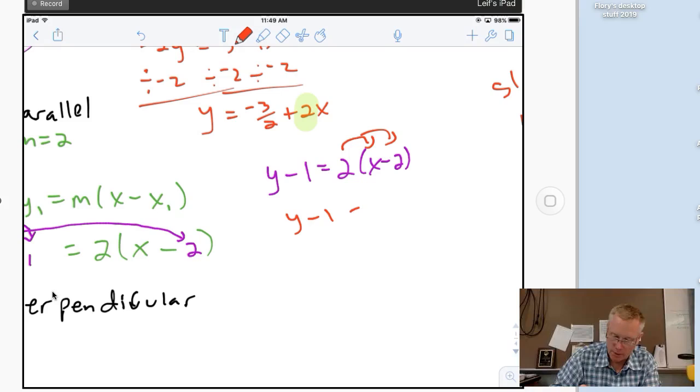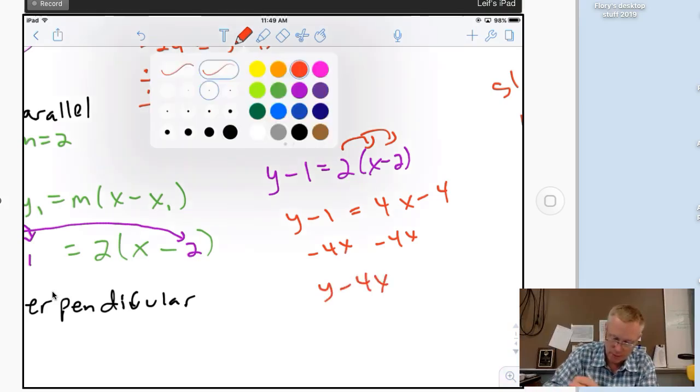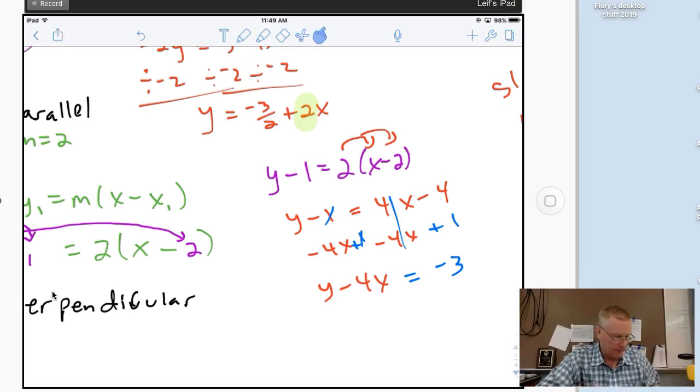So y minus 1 equals 4x minus 4. And then I'm going to bring my x's to one side, subtract 4x. And I get y minus 4x. Maybe I'll add 1 at the same time. I can kill two birds with one stone. Okay, those 4x's cancel. -3. Y minus 4x equals -3.